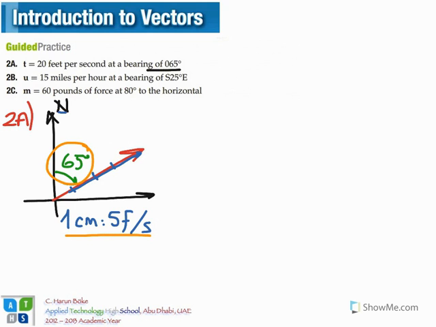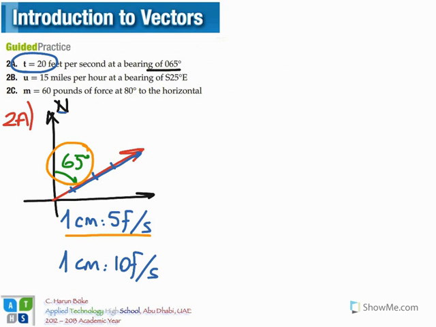In my scale, it is 1 centimeter to 5 feet per second, so it will be 4 centimeters to represent 20 feet per second. You can consider 1 centimeter to 10 feet per second, so in this case, your vector should be 2 centimeters in length.